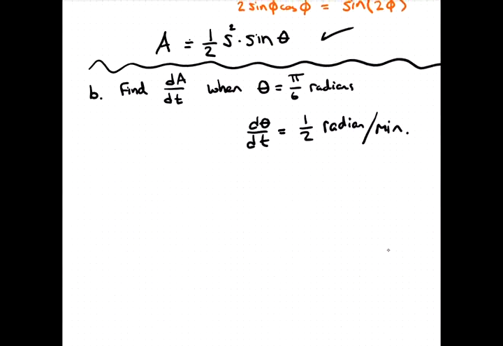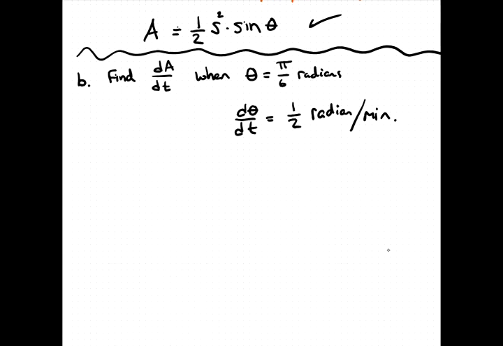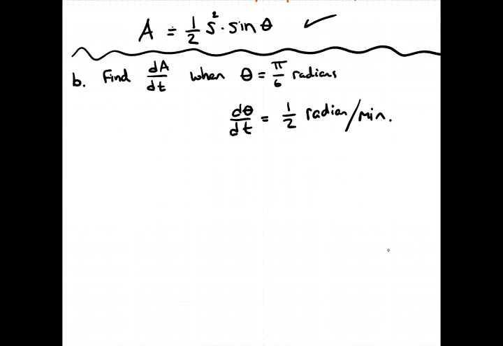Okay, so now for the related rates portion of this problem. We haven't done any calculus yet. It's all algebra. And now let's do some calculus. Find the rate of change of area.